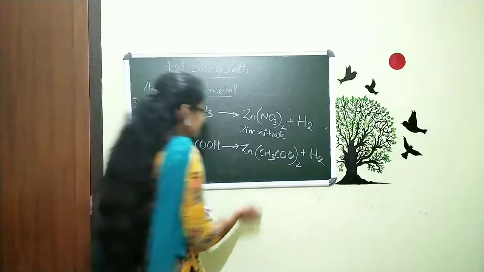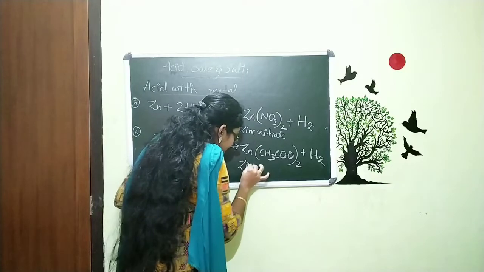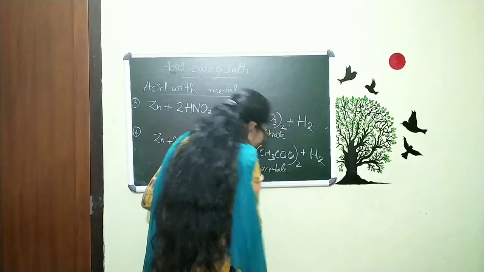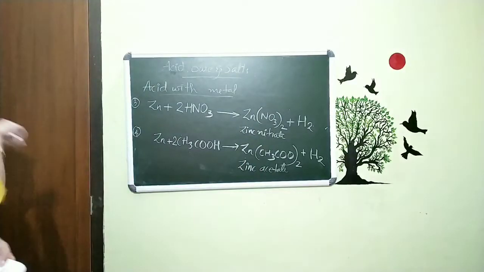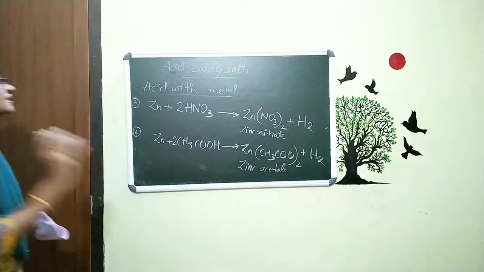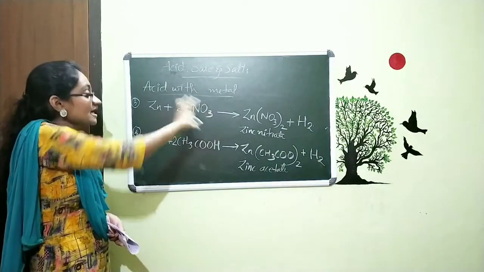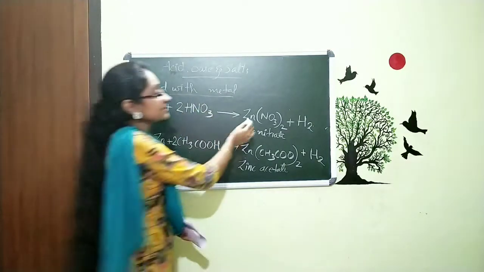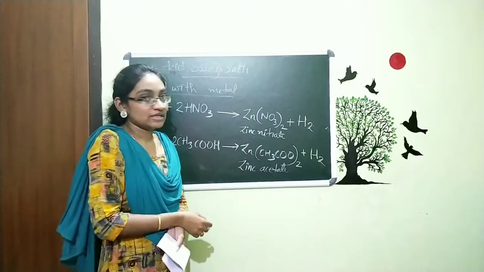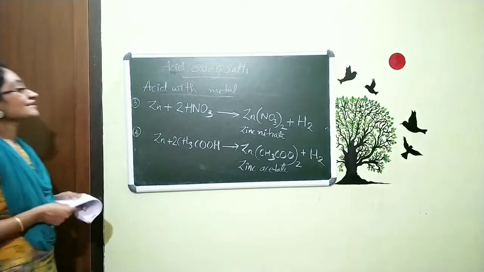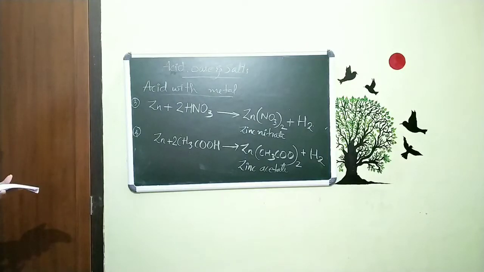It is zinc acetate. So these are the examples you want to study. You want to study the reactions and also know the name of the salt. And the other product is hydrogen. So this is all about the reaction of acid with metal.